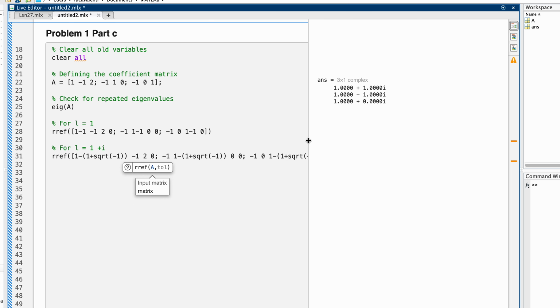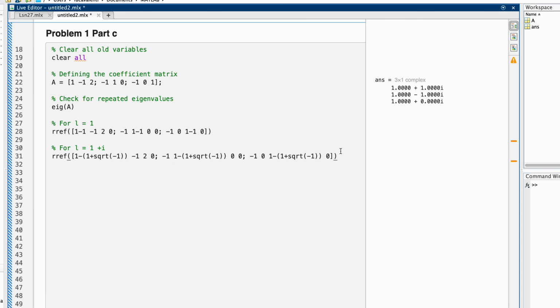Now that I did that, I'm going to have RREF of this as well, and we'll see what we get out of this.